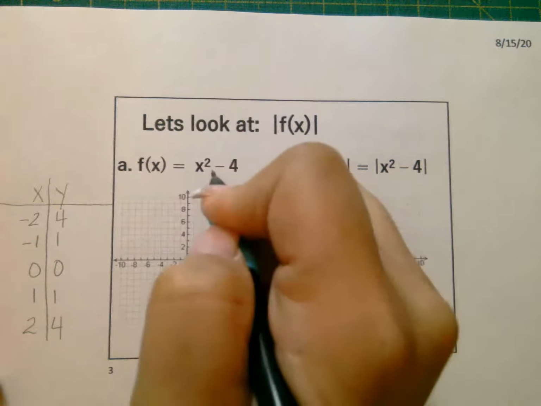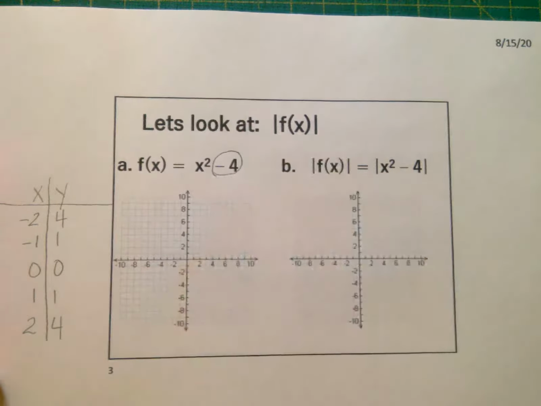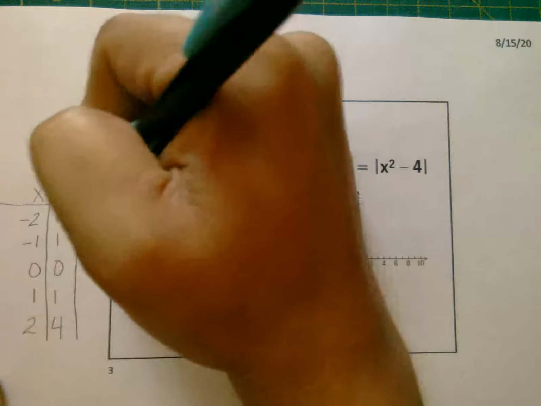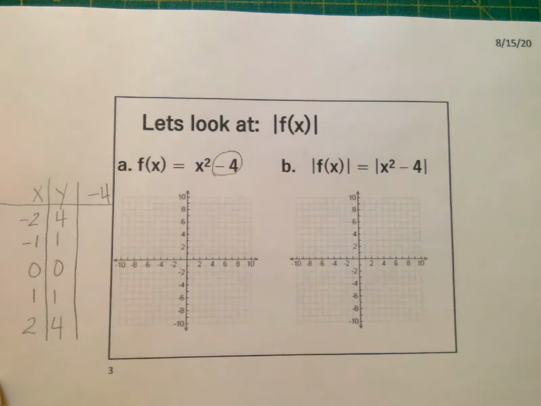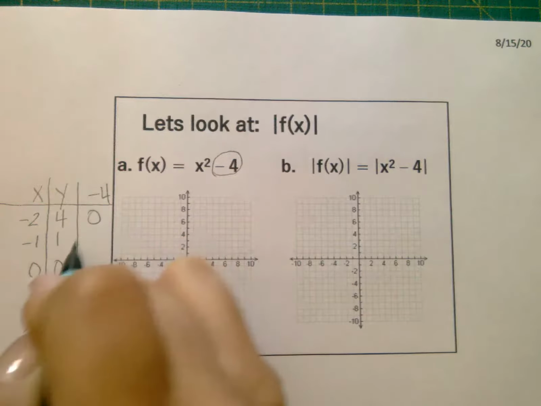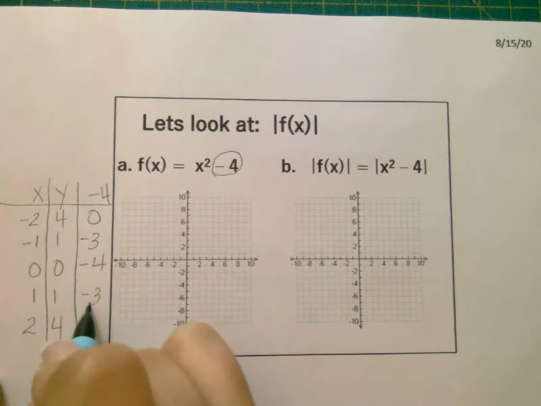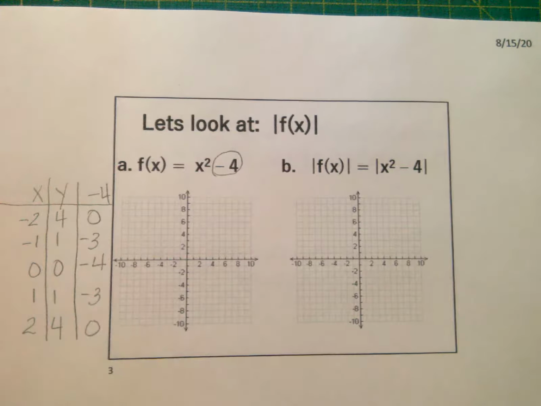Now I see in my equation I have one transformation, so that's shifting the graph down 4. So I'm going to subtract 4 from my y values. Okay, so we know those are the two columns that are going to make the ordered pairs I'm going to graph.